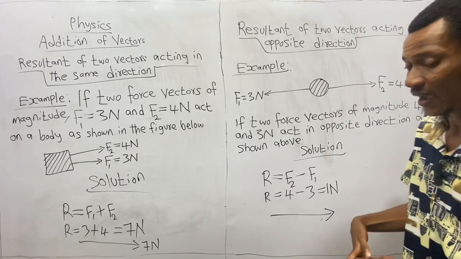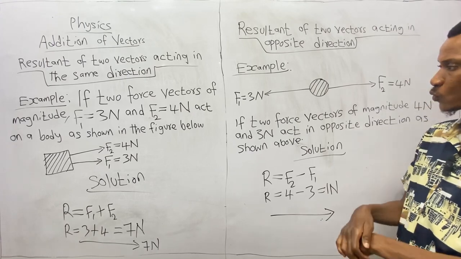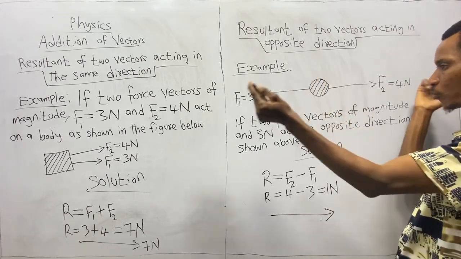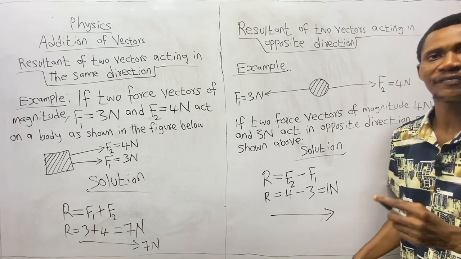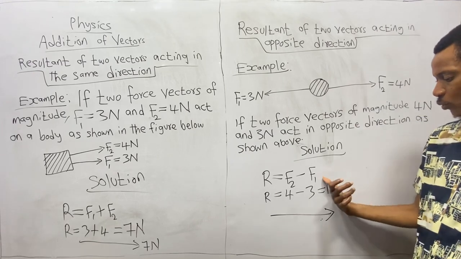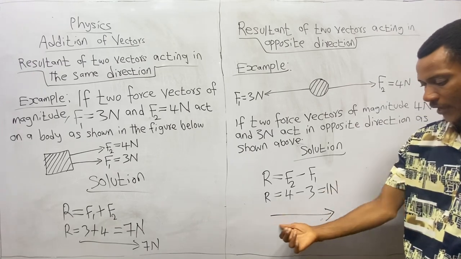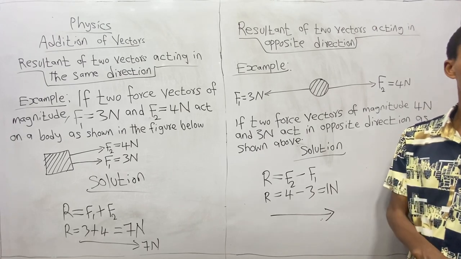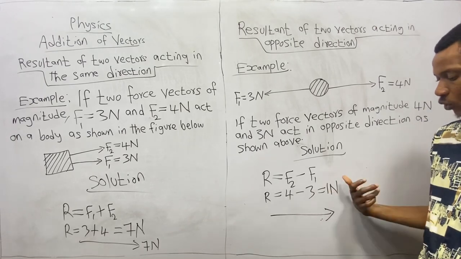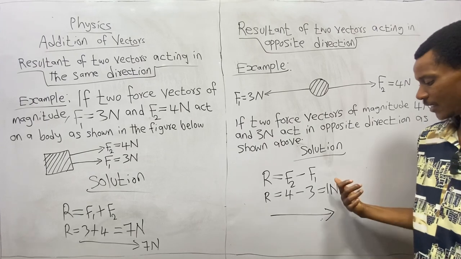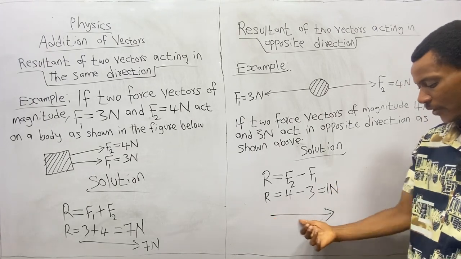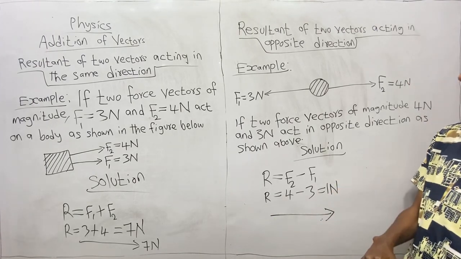So we are able to find the resultant vector of two vectors acting in opposite direction. And in finding the resultant vector, we find both the magnitude and the direction, because the resultant vector must be that singular vector which should have the same effect in magnitude and in direction as the original vectors acting together.